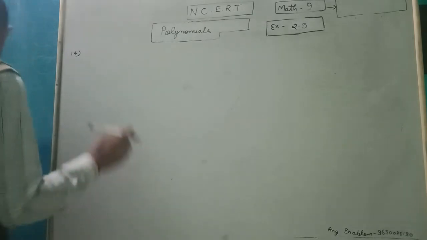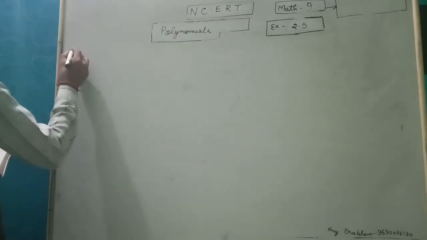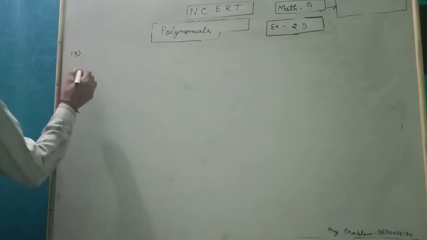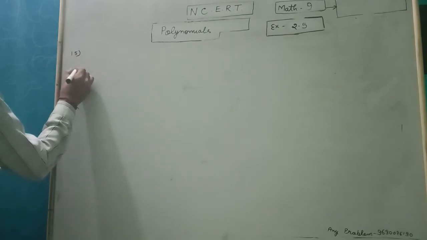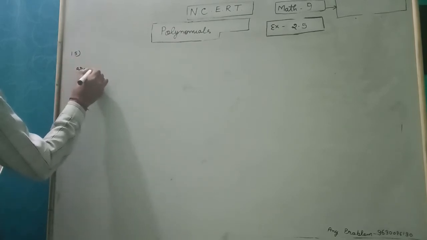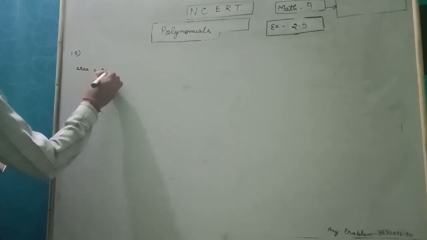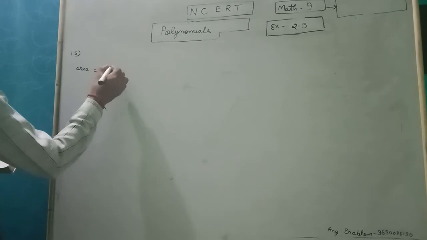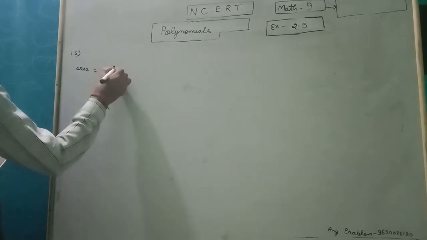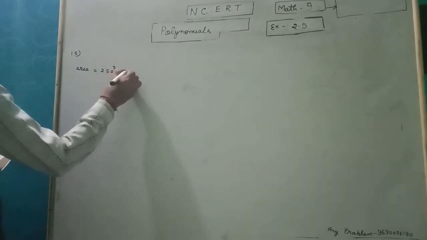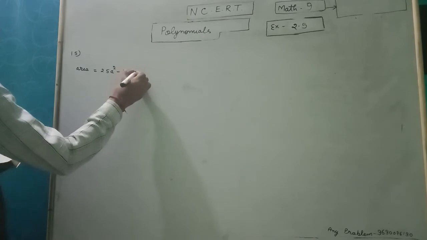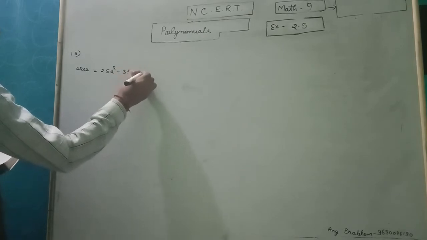Give possible dimensions. The area is equal to 25a² - 35a + 12.